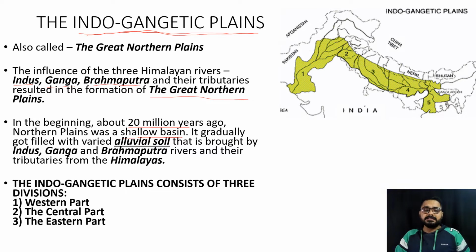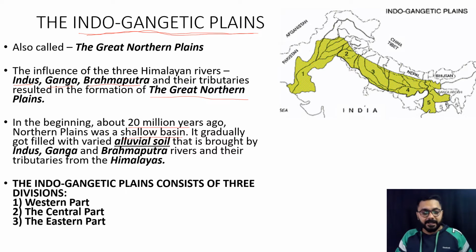Alluvial soil is soil that is brought by the Himalayan rivers, and it is nothing but rocks broken up by the force of the water into small fine particles of soil. It is deposited in these shallow basins, and that is how the Indo-Gangetic Plains are formed.